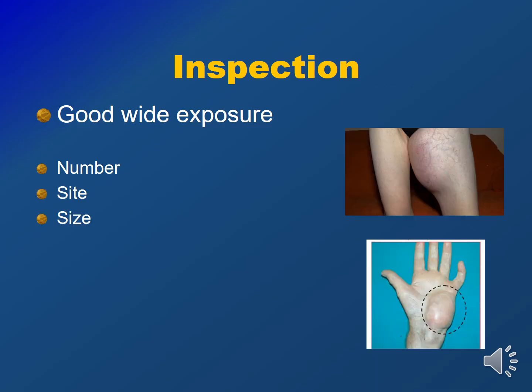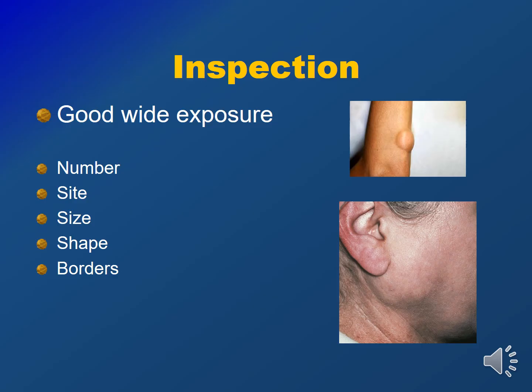Then the site, precisely. Precisely means, for example, a swelling in the upper part of the upper medial aspect of the left thigh. And also we have to comment about the size. We have a huge swelling, sometimes a moderate size swelling, or a small swelling, but usually we describe the swelling in centimeters, in figures.